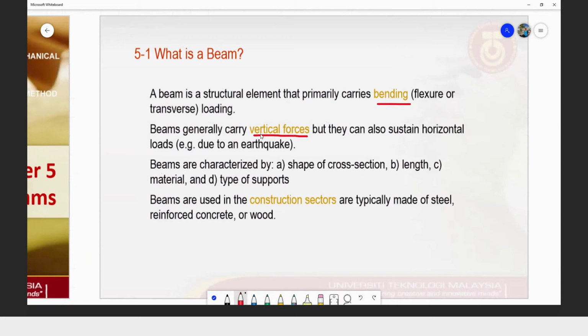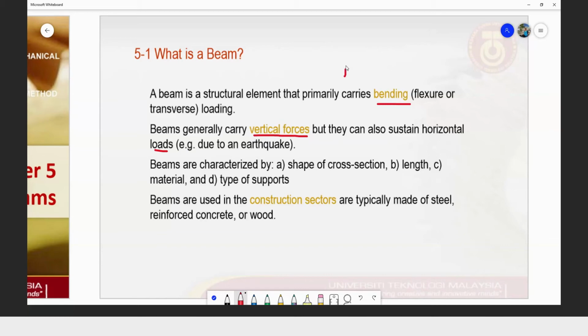Beam generally carry vertical forces, but they can also sustain horizontal loads. So meskipun dia carry vertical forces, tapi dia boleh sustain horizontal load. Sebagai contoh kat sini adalah earthquake.